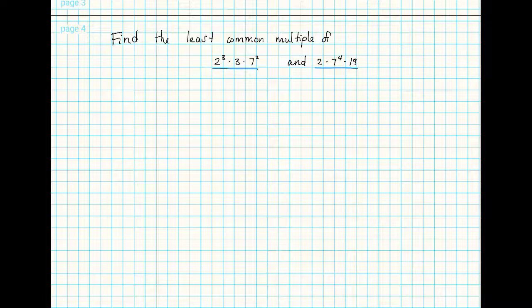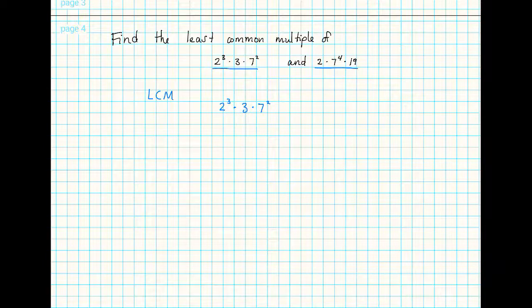Okay, so the least common multiple is going to have to be, well, you can just start writing these factors. I need at least 3 factors of 2. I need at least a factor of 3 and 2 factors of 7. In order to be a multiple of the first number, this is the minimum.